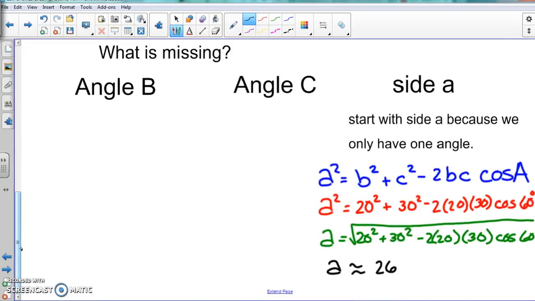But this time I'm going to use the law of sine here, and I'm going to find B, just because I like to do alphabetical order. You can do angle C next if you want to, but it's up to you.